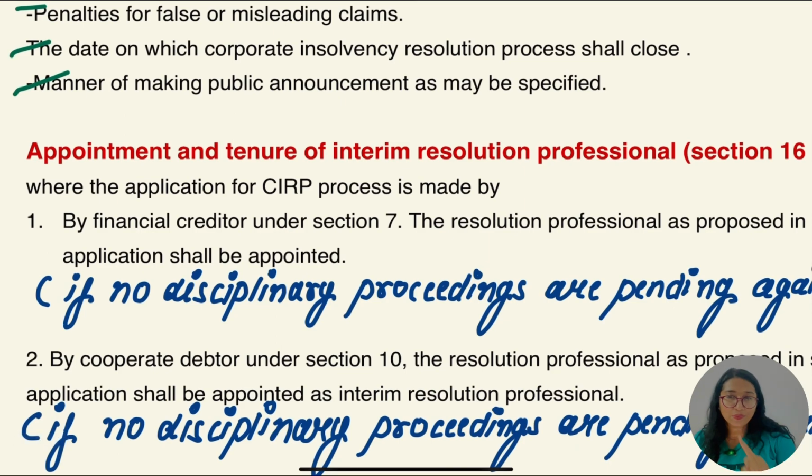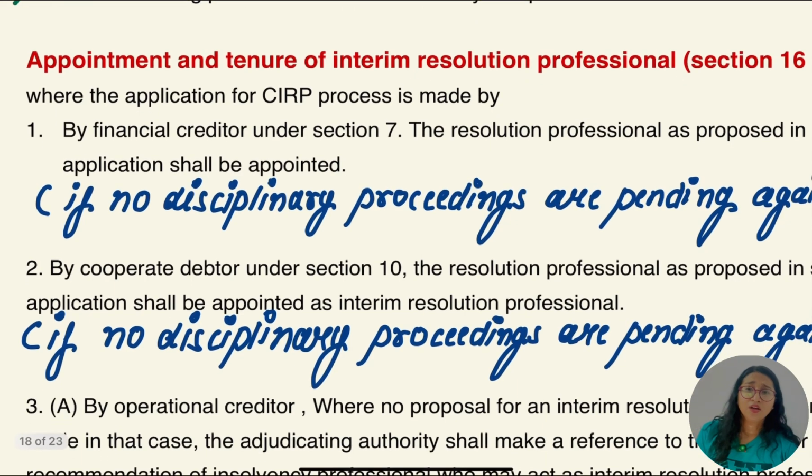So we have also completed this point which was written in section 13. Remember, there is one more point, the appointment of IRP, and that is going to be section 16. Let's go for it, guys. Remember, we have covered section 7. In that there was something written like the financial creditor can appoint the resolution professional.